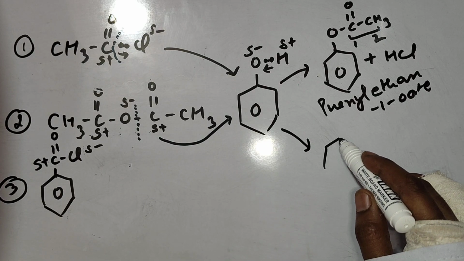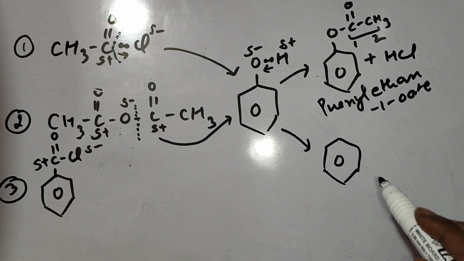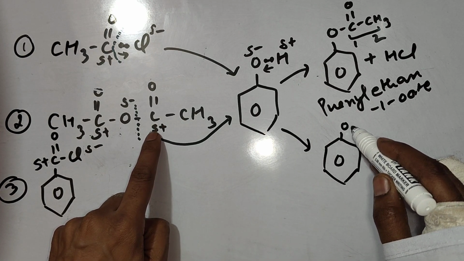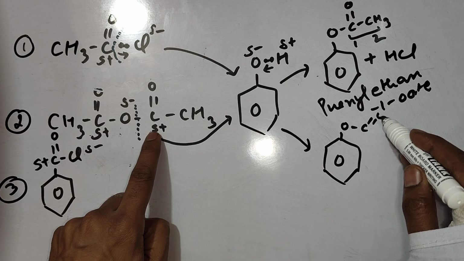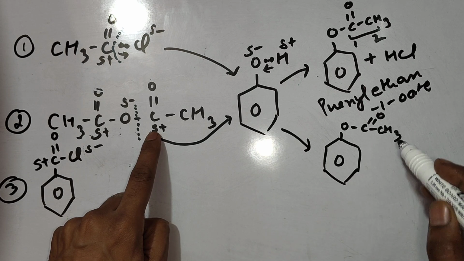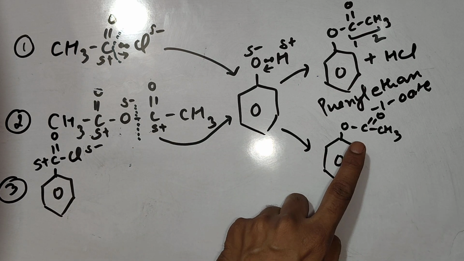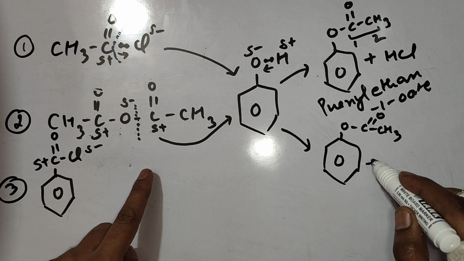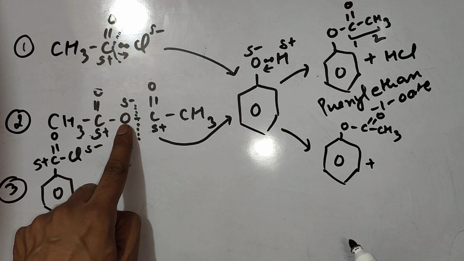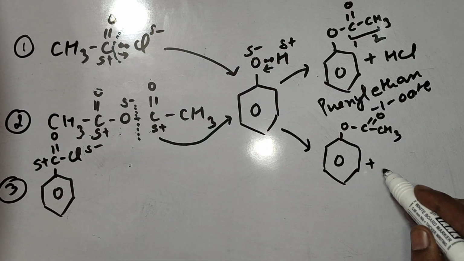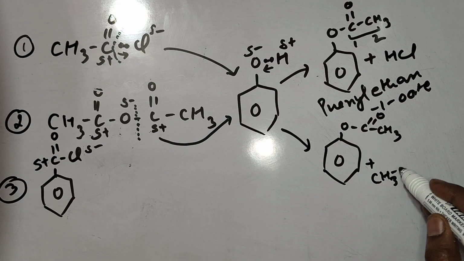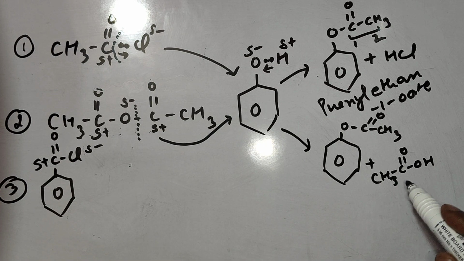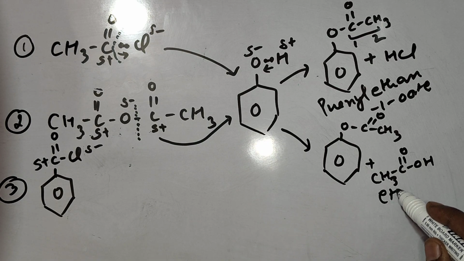So what will be the products? When this oxygen joins with this COCH3 part, it will generate again an ester, the same ester, phenyl ethanoate, you can check. And what will be the side product? CH3CO will join on this oxygen with H, giving CH3COOH, ethanoic acid. A carboxylic acid is generated, ethanoic acid.